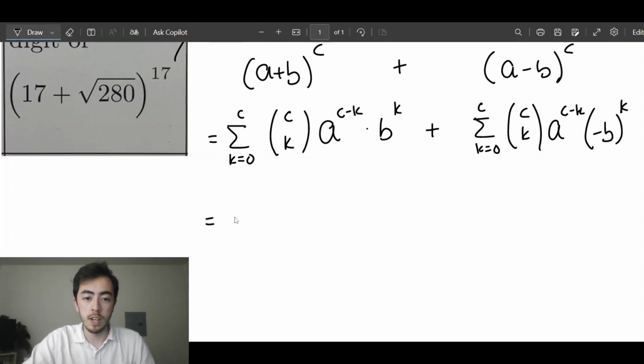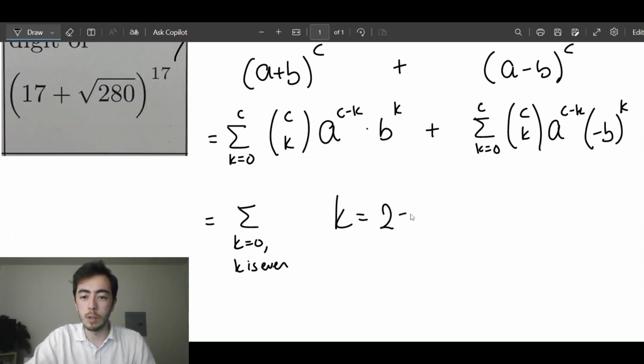So to express that idea, and I don't know if this notation is used, I want to say k equals 0 and then k is even. I guess I could do something like k equals 2z, where z is an integer or something. I'll just say k is even. And that's still going to go all the way up to c.